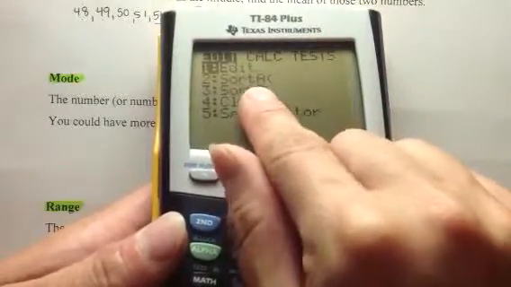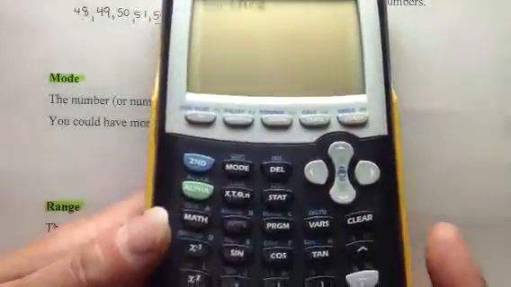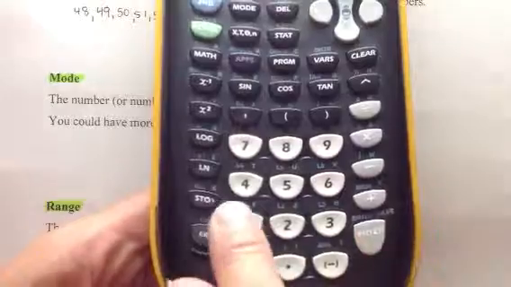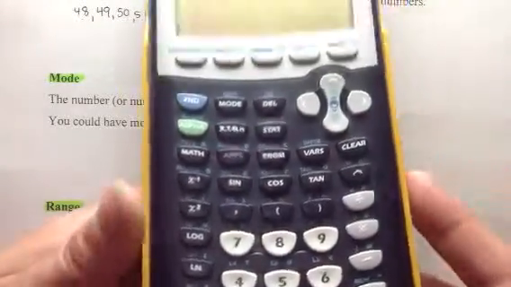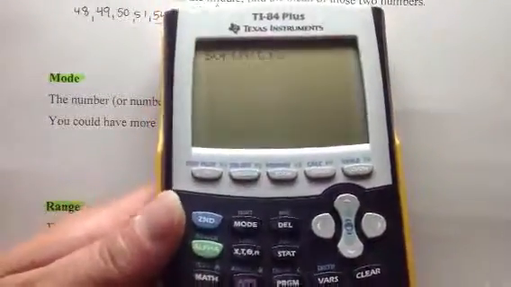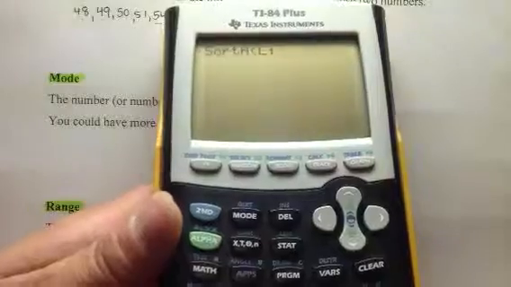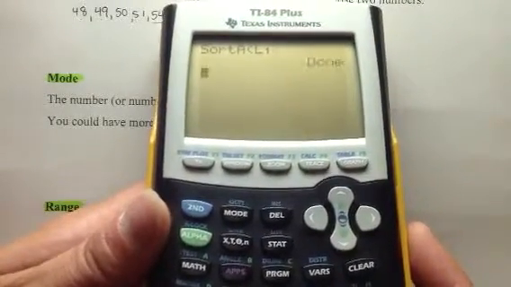I usually do sort A, number 2. Now you do have to tell it what list you want to use. So right here in blue is L1, list 1. That's the list that we put it in. So second, list 1. I always use list 1 so I don't forget to change it back to list 1 when I use it the next time.